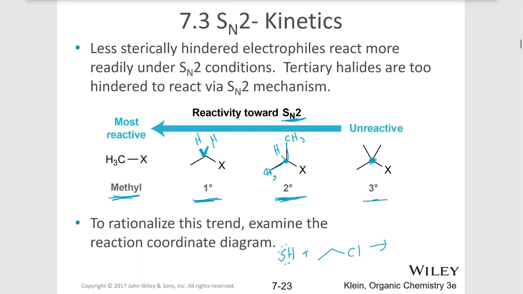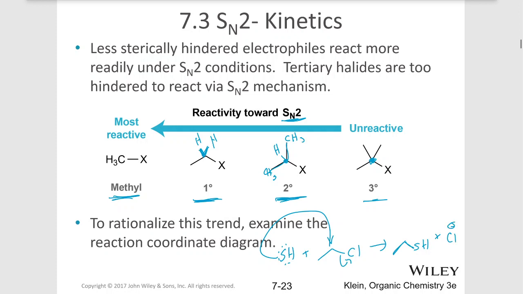So SH minus attacks at the alpha carbon, kicking out the chlorine. Then our product is this, and I'm not drawing stereochemistry here because the alpha carbon is not chiral, so it doesn't matter. Plus, and then our other product is NaCl.